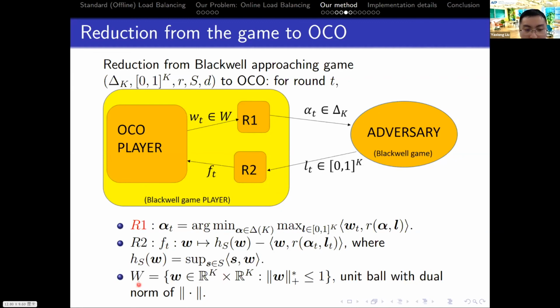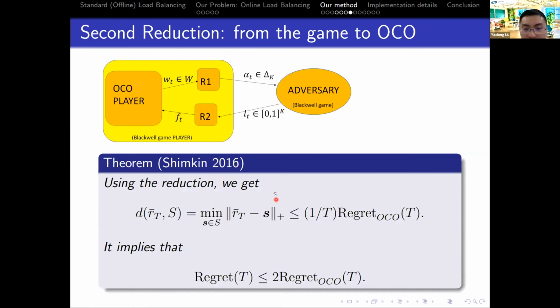Moreover, the feasible set for the OCO player is defined here with the dual norm of the combined norm in a unit ball. Then Chenkin's work showed us that the regret of the load balancing problem is bounded by 2 times the regret of the reduced OCO game.